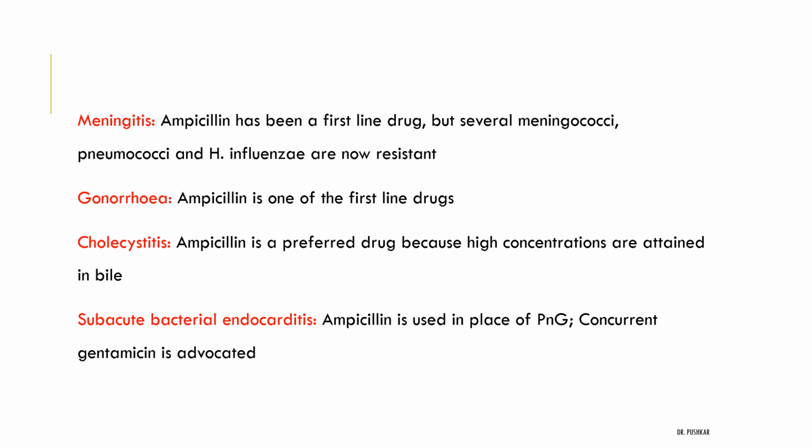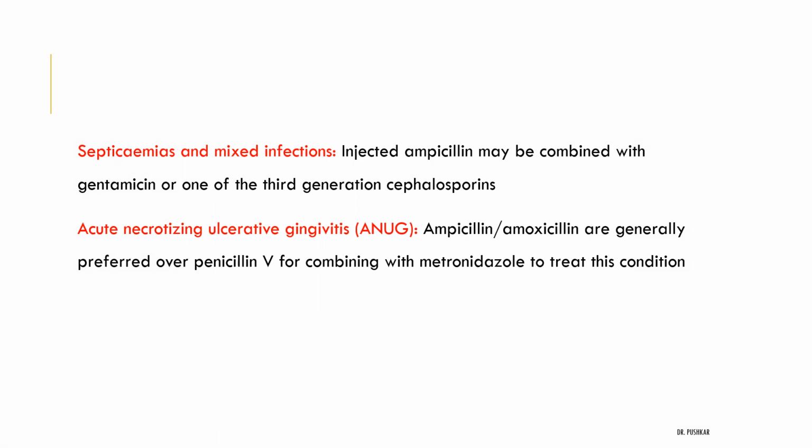So these are some important uses of ampicillin. As well as septicemias and mixed infections, we use IV ampicillin with gentamicin, which is a very important aminoglycoside, as well as acute necrotizing ulcerative gingivitis. In this case also ampicillin or amoxicillin is used.